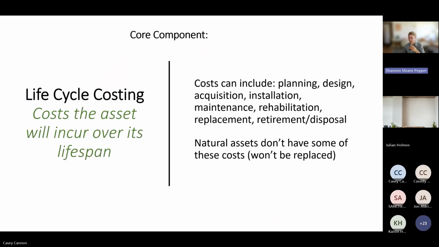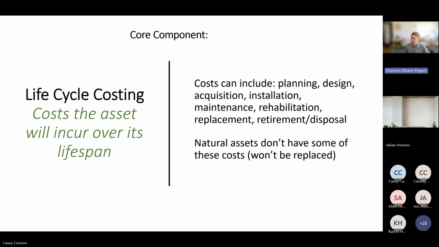So another core component of asset management is life cycle costing. And life cycle costing in accounting terms is just the process of compiling all the costs that an asset will incur over its entire lifespan. And some points to consider here, natural assets don't usually have the same kind of costs as gray infrastructure.